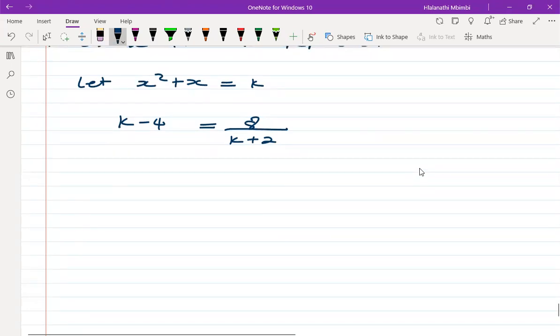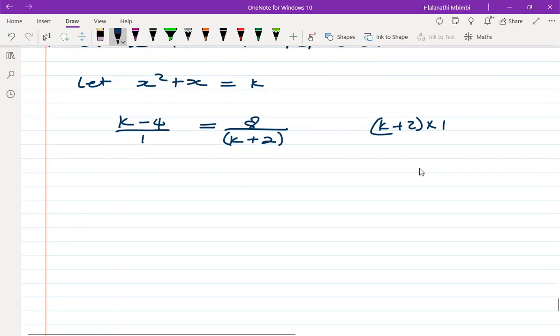Are we happy? Now, remember, there are a lot of things you can do. You can cross multiply, or you can just do what we've been doing. You look at the denominator of that and the denominator of that. That's k plus 2 times 1, and there's nothing repeated.